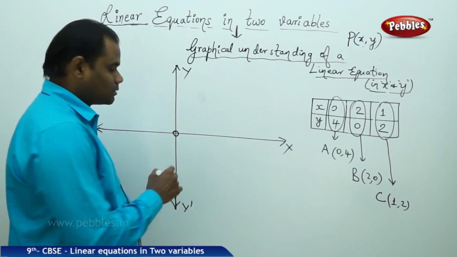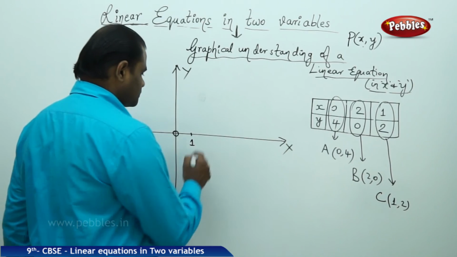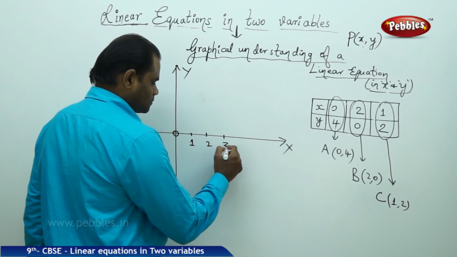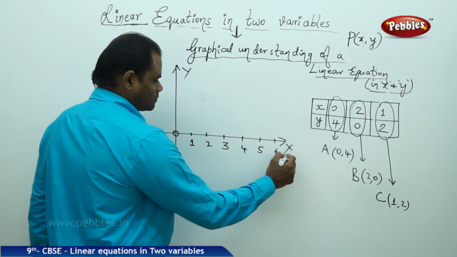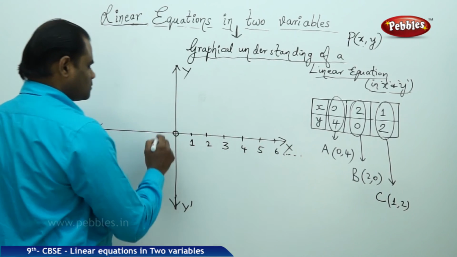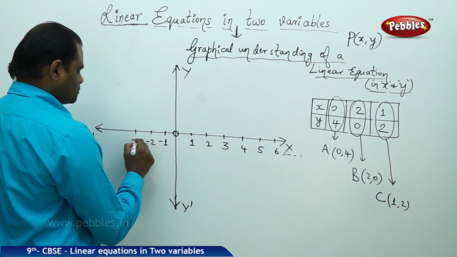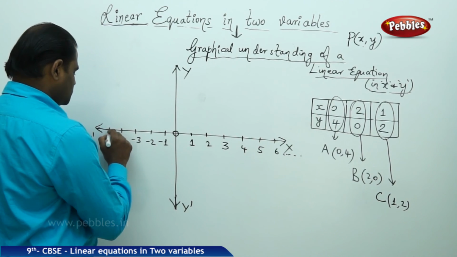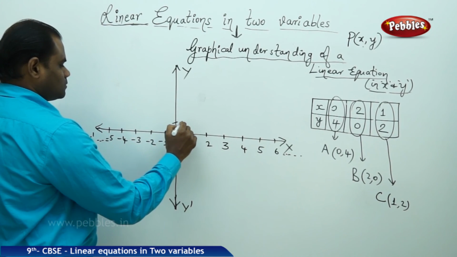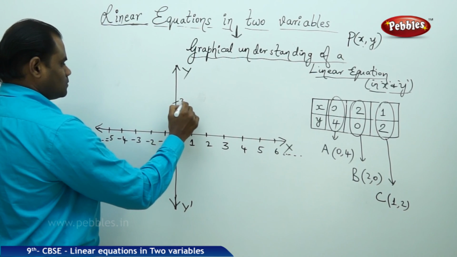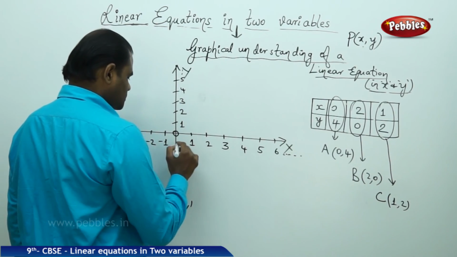Now let us plot with the scale of 1 centimeter equal to 1 unit. 4, 5, and this is the scale.